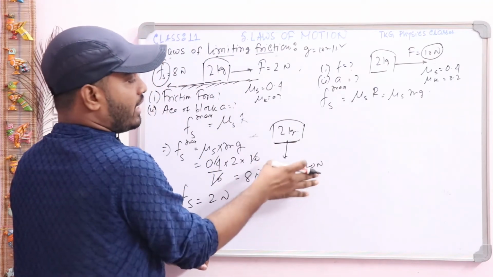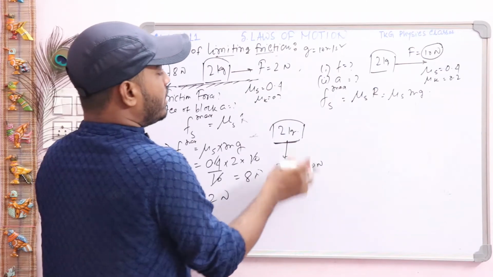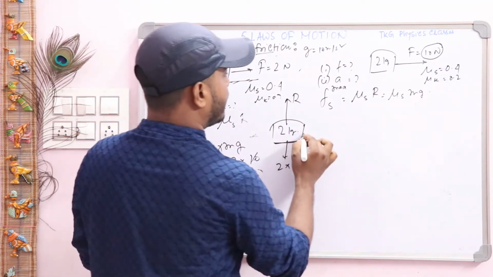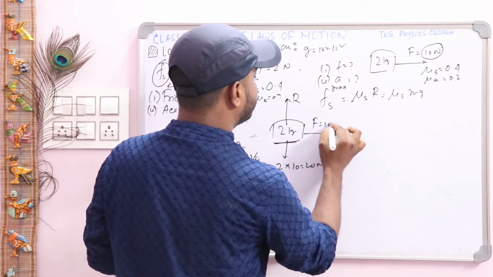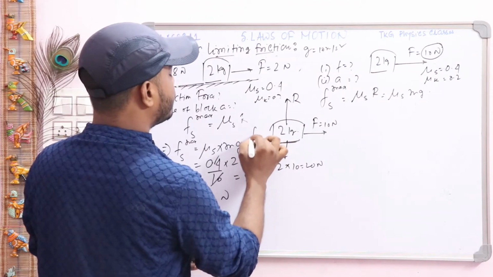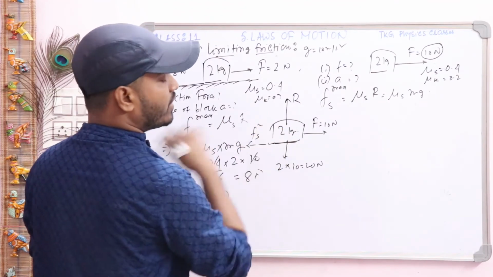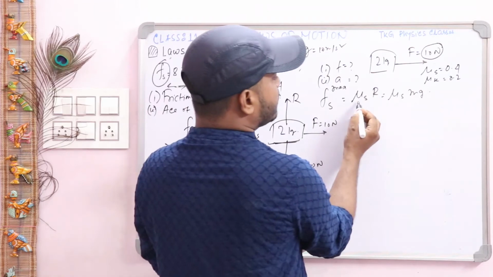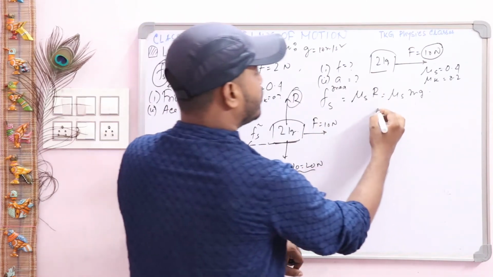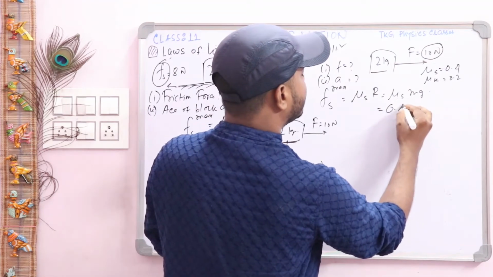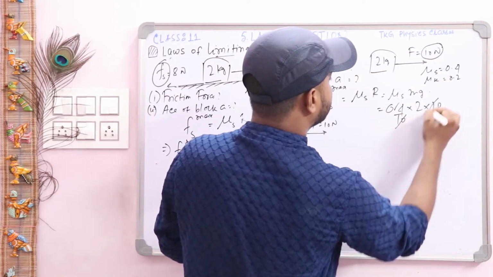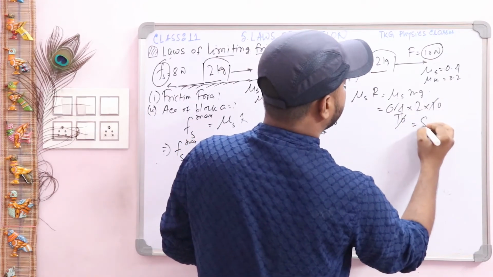Here g is 10, you just consider that, and in the upward direction is the normal reaction force R. Here F is 10 Newton, and there is a frictional force Fs max. So Fs max is mu s times R, which is balanced with mg. Putting in the values 0.4, m as 2, and g as 10, the 10 cancels out, so it is 4 into 2, that is 8 Newton.